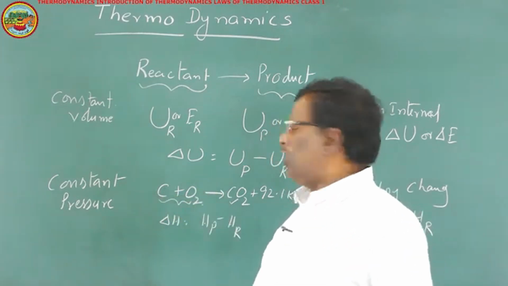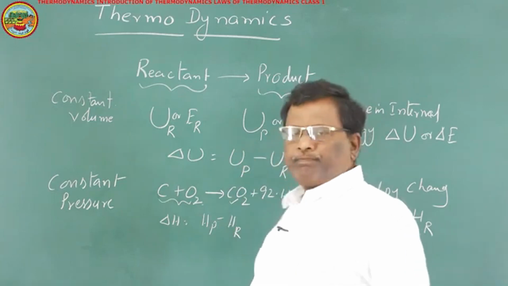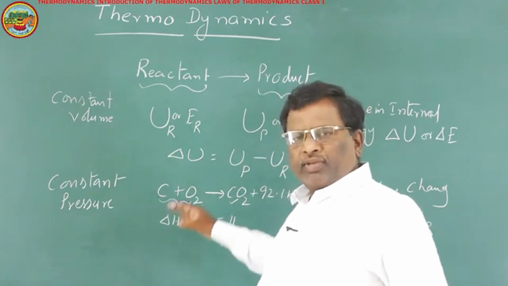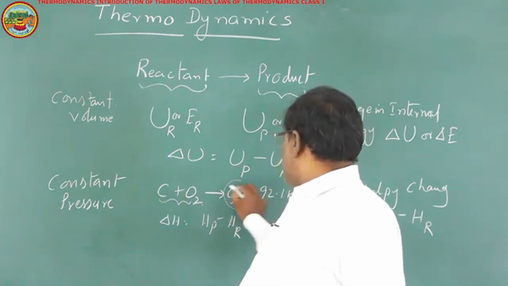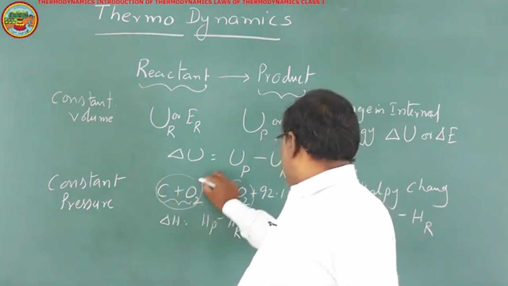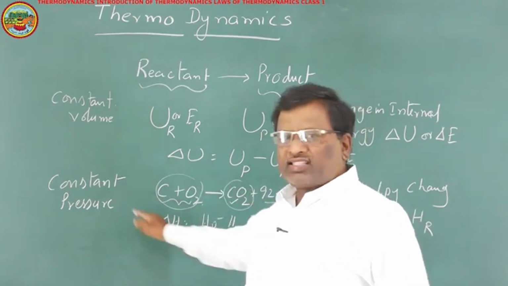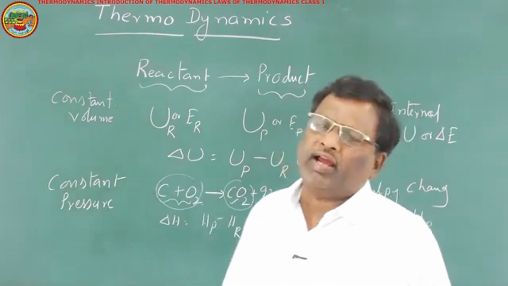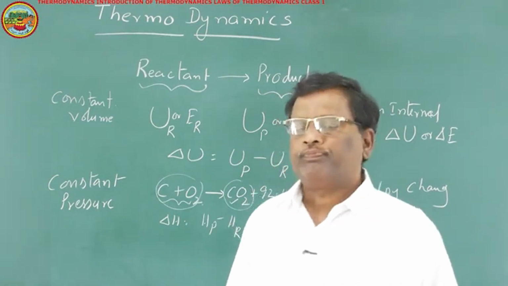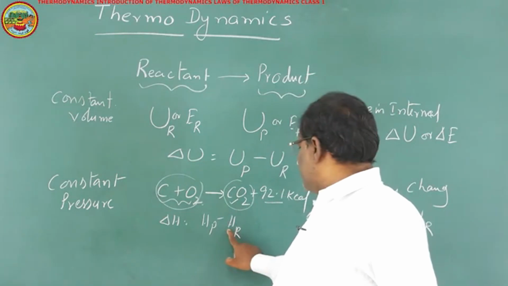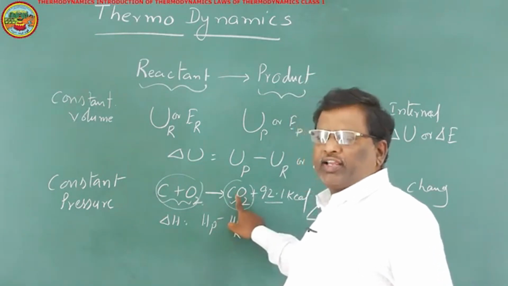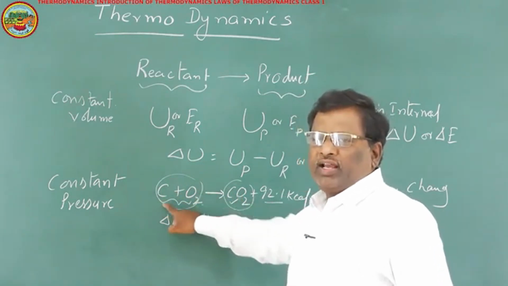The difference amount was liberated. Since some heat is liberated, the CO2 enthalpy is 92.1 kilocalorie less than the total enthalpy of carbon and oxygen together. So when we apply Hp minus Hr, it is a lesser quantity than the sum of the reactants.